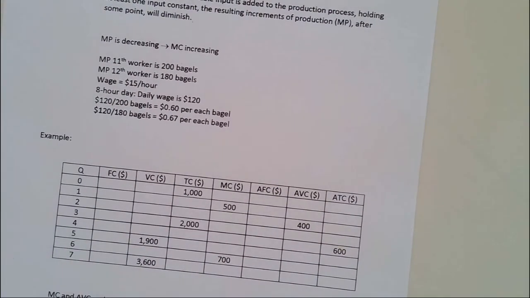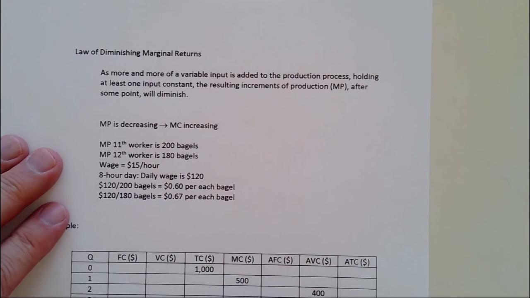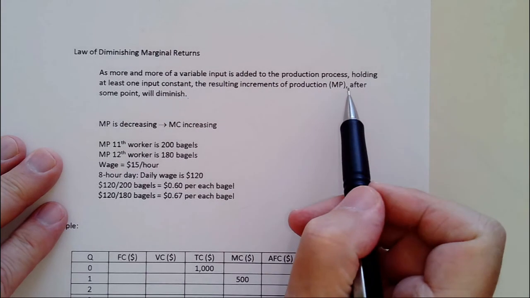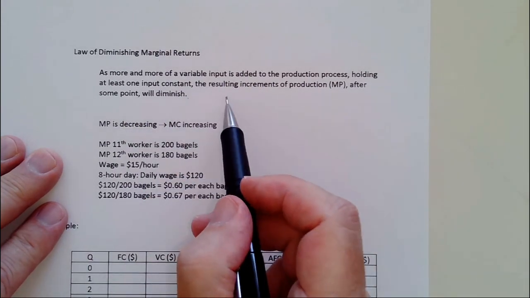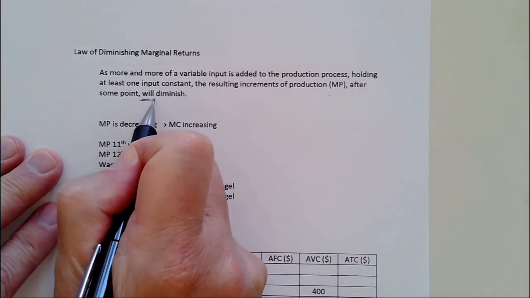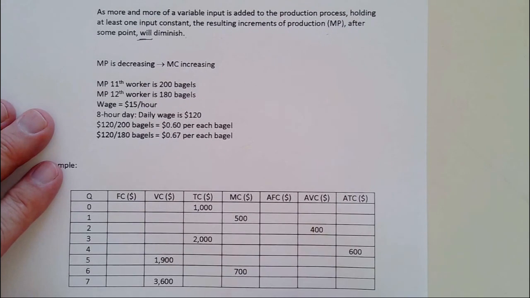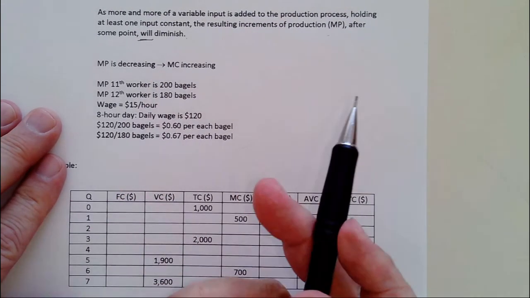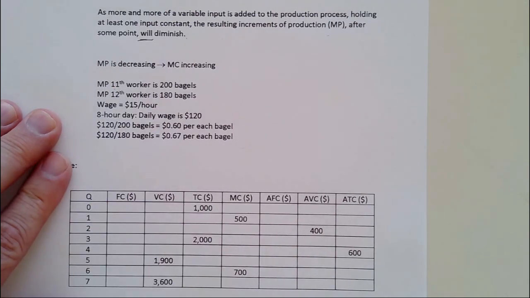Then we come across diminishing marginal returns. And again, that is where as more and more of a variable input is added to the production process, holding at least one input constant, capital, the resulting increments of production, marginal product, after some point will diminish. So we go here, we find that when the marginal product is decreasing, it's going to be driving up the marginal cost. Go back to our bagels. The 11th worker was bringing in 200 bagels, and that was 60 cents per bagel.